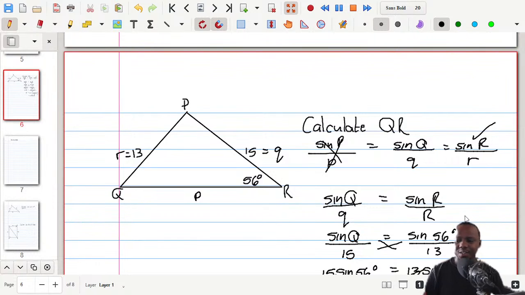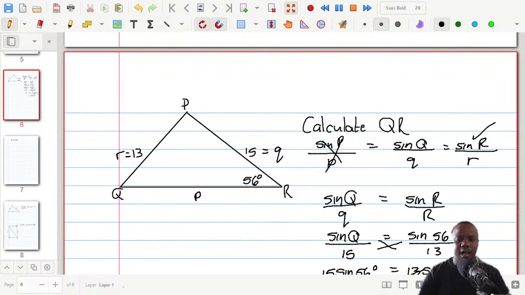Remember, theoretically speaking, these are just numbers. We're supposed to be able to calculate anything anyhow. But there are cases in which what you're calculating does not make sense to have. And because we do not have a value for angle Q, we cannot calculate what QR is, and therefore the question would be undefined. Wonderful.